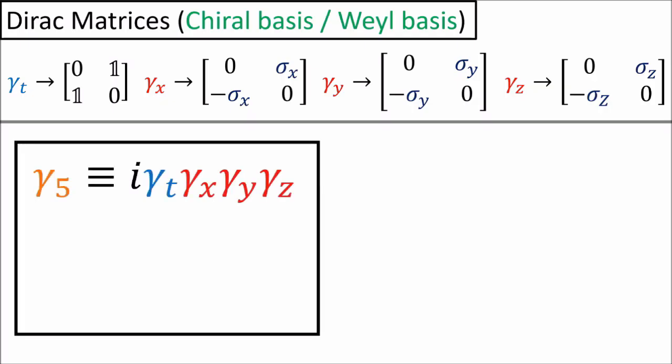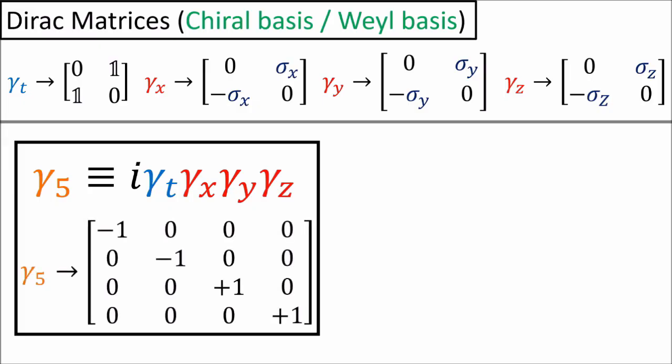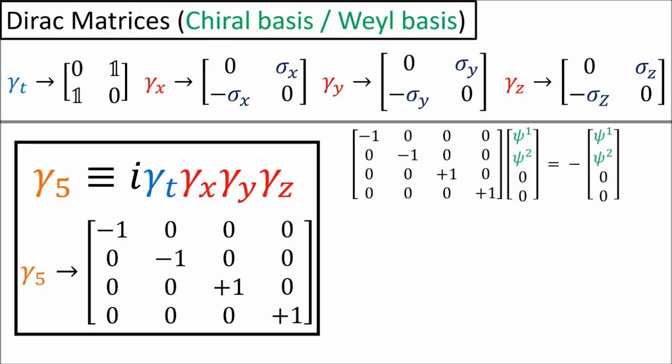If we take gamma 5, which is the complex i times the 4 gammas, in the chiral basis it looks like this. It is also block diagonal, with a negative identity matrix in the top block and a positive identity matrix in the bottom block. If we apply the gamma 5 matrix to a Dirac spinor where only the left half is non-zero, we get the same spinor times -1.